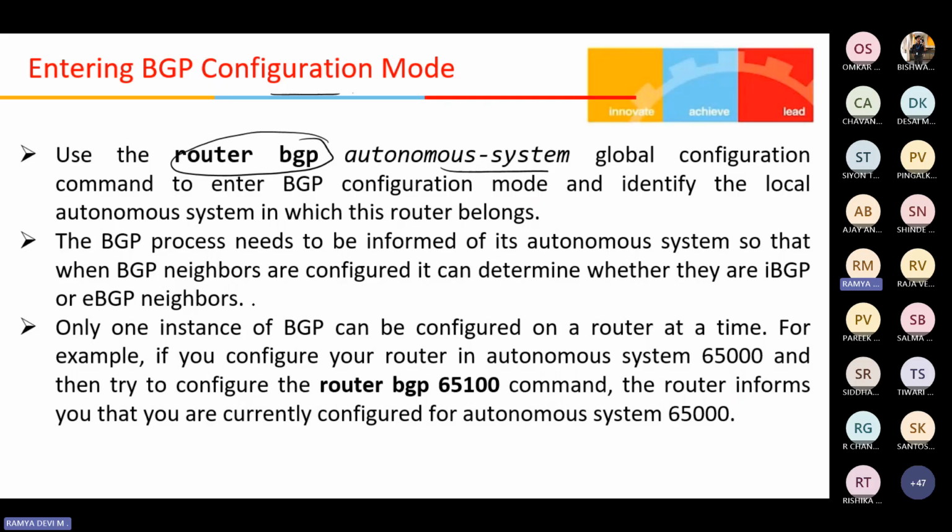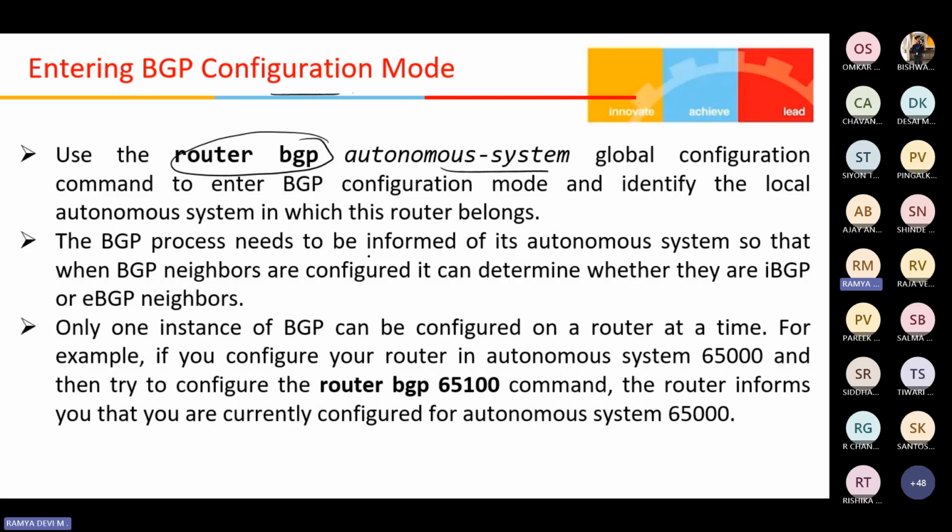What is the purpose of specifying the autonomous number? BGP must know the router's own autonomous system number. With that only, whether a configured neighbor is an IBGP peer, belonging to the same autonomous system or a different one, can be identified.